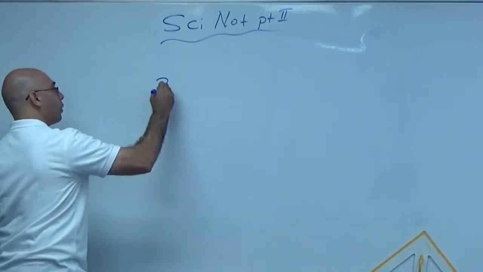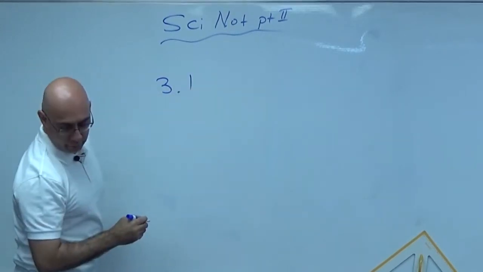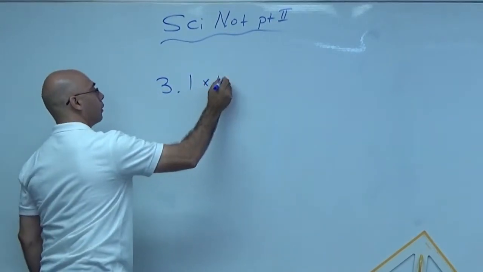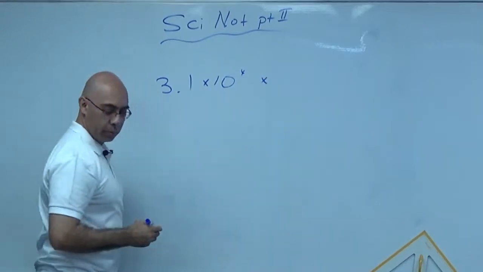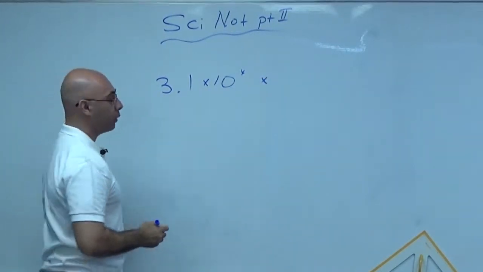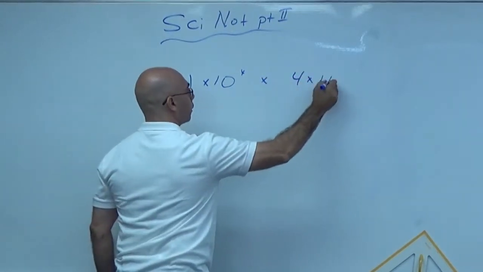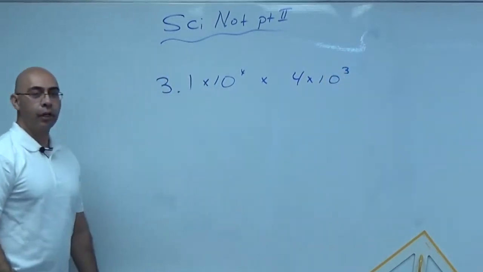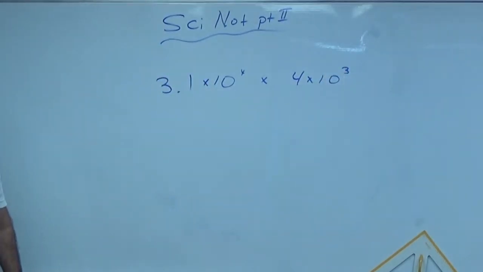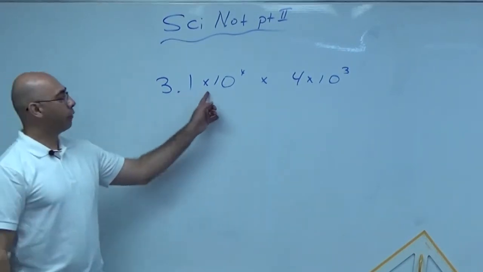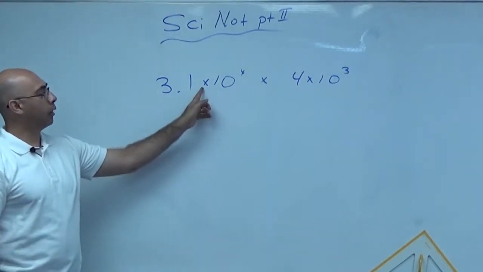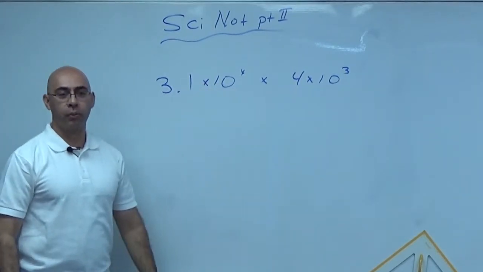We have 3.1 times 10 to the 4th multiplied by 4 times 10 to the 3rd. Now we can go over this the long way, which we're going to do. If I look at all this, I see that all I'm doing is multiplying.